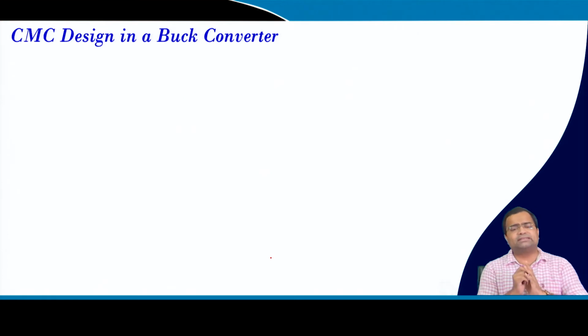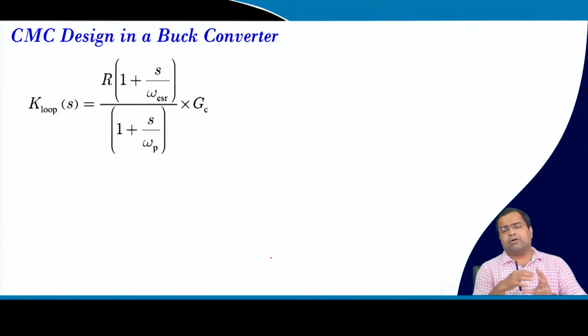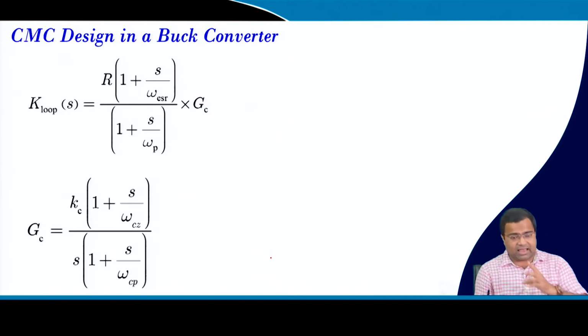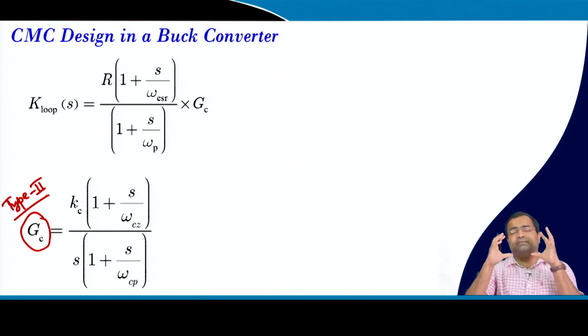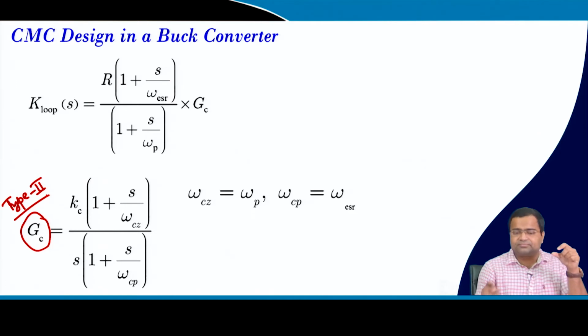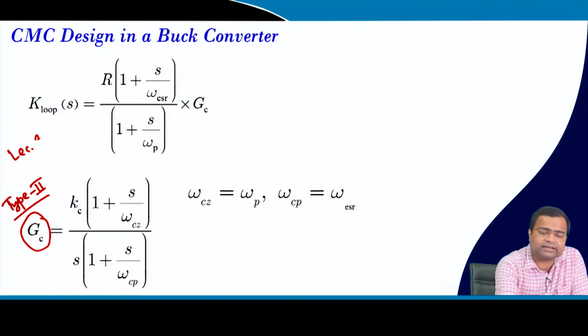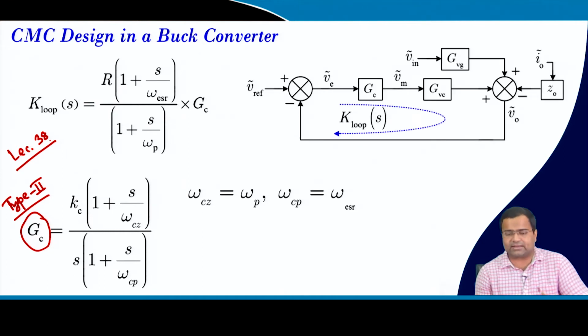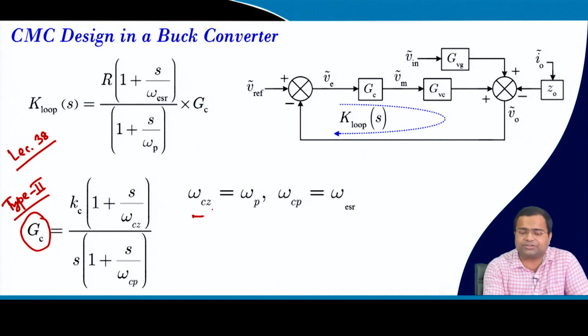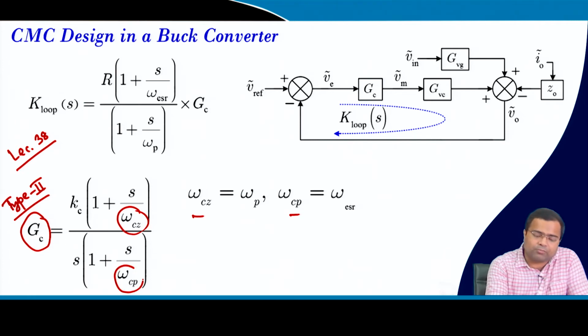Then for the current mode controller design in a buck converter, if we recapitulate, our loop transfer function takes the form of a first order system, and then we need a controller which is a type 2 compensator. We discussed it in sufficient detail in lecture number 38, where omega Cz, omega p, omega Cp, omega ESR are all discussed, and how to place the controller zero and controller pole, because we have one controller zero and one controller pole to cancel, and the other pole is at the origin.